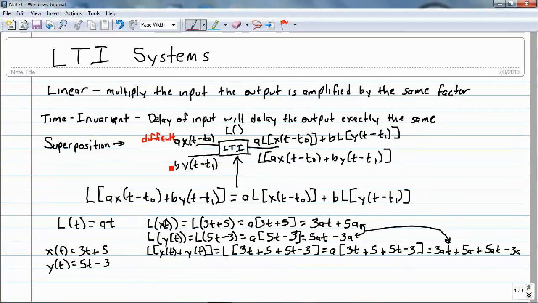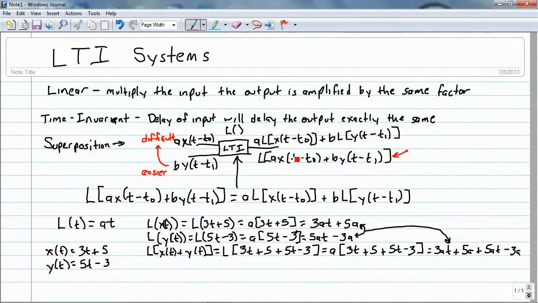But if I can add another function that would make it easier, then I can add that function as long as I can separate out its response at the end. As long as there's a way that I can separate that response out, then I can put this easy function in to make it an easier problem, put it through the system, and take out the response of the function that made it easier, and then I know what my solution is going to be.